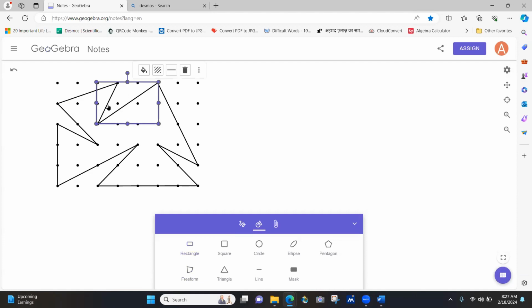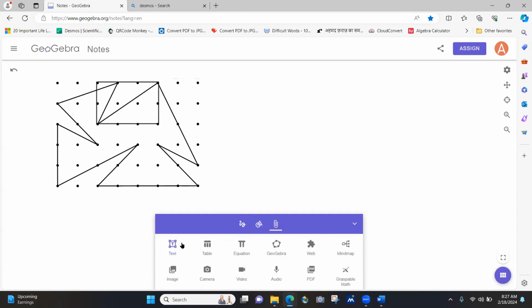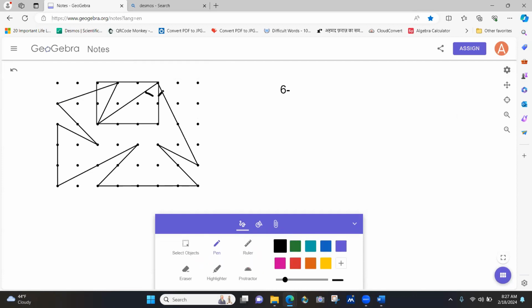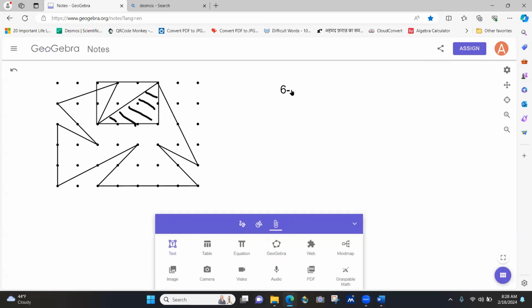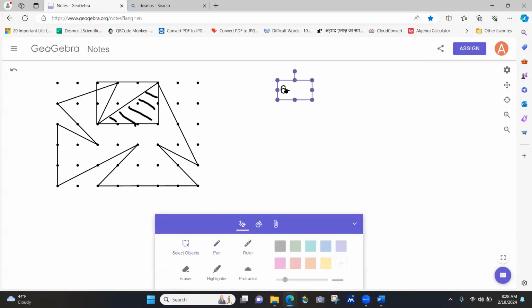The area of this rectangle that I just drew is 6. And the area of this right triangle is 3. Why? It's 3 base, 2 height. 3 times 2 is 6. 6 divided by 2 is 3. I need to subtract.